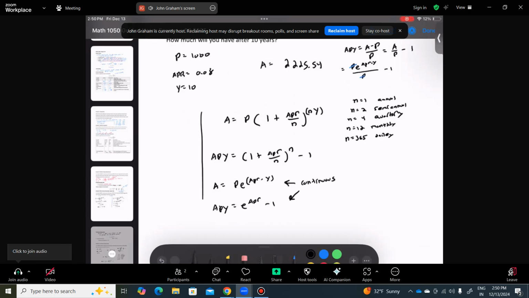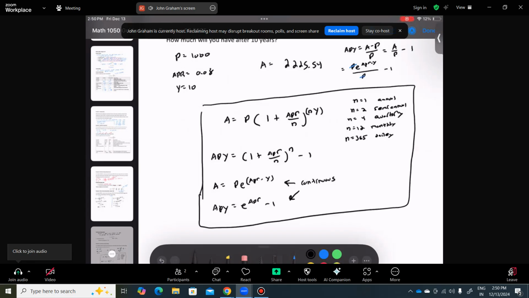So these are the formulas you want to kind of remember or to work with if you're doing it straight from the formulas. The APYs are the two formulas you have to calculate by hand.